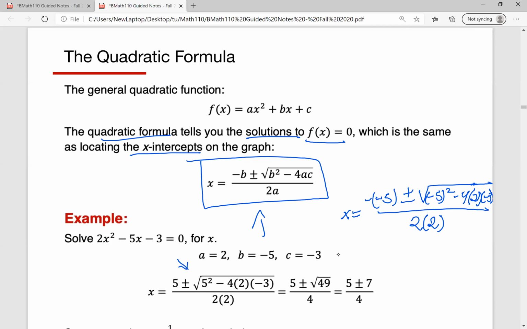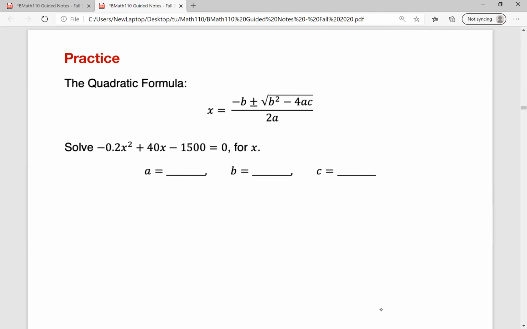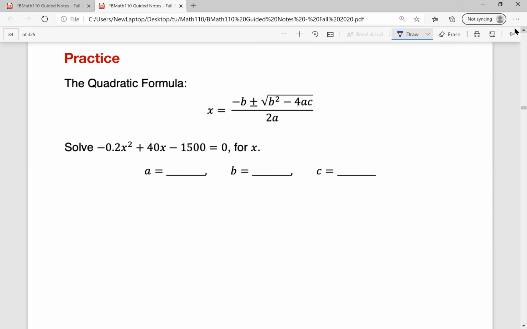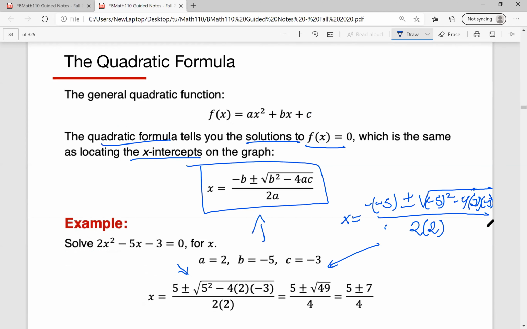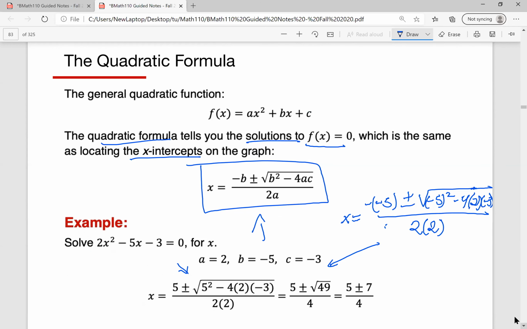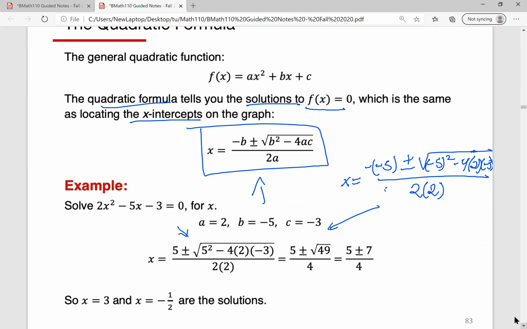So from here, I will simplify and get 5 plus or minus the square root of 49, and then you want to divide by 4.